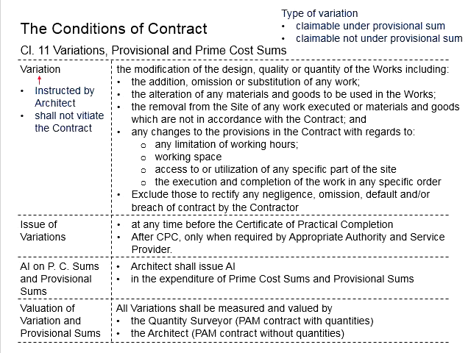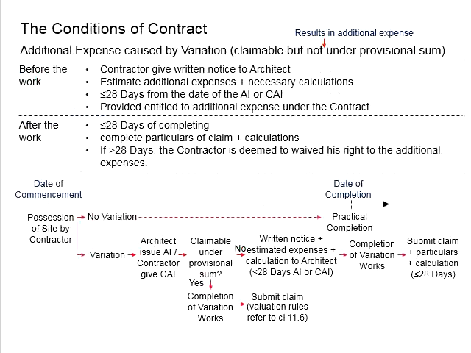In the case that the architect does not provide written instructions, the contractor will have to follow up with written confirmation of the architect's instructions. This is to prove that the relevant instructions come from the architect on behalf of the employer. Now the variation is valid.